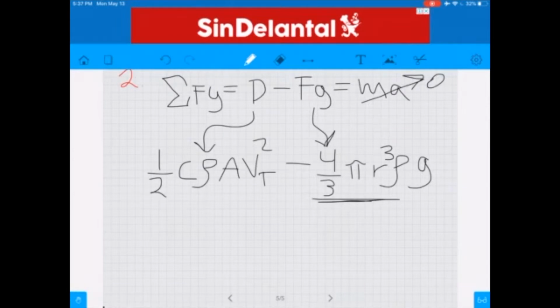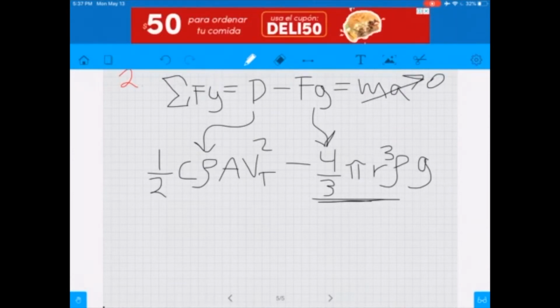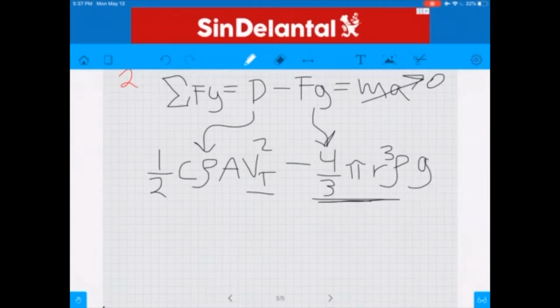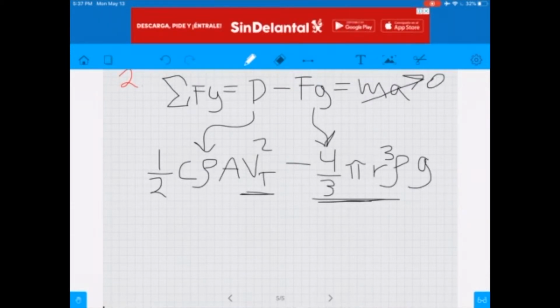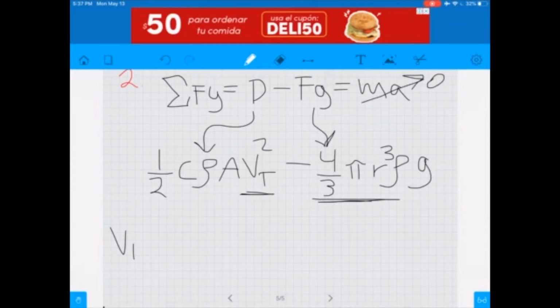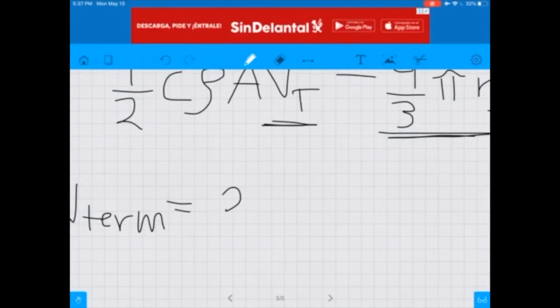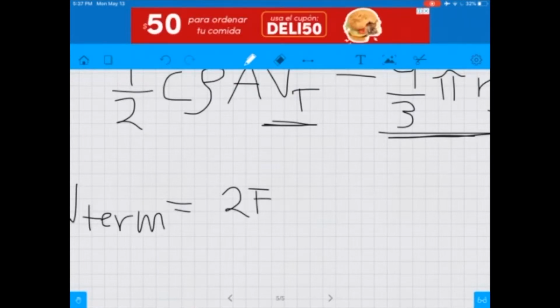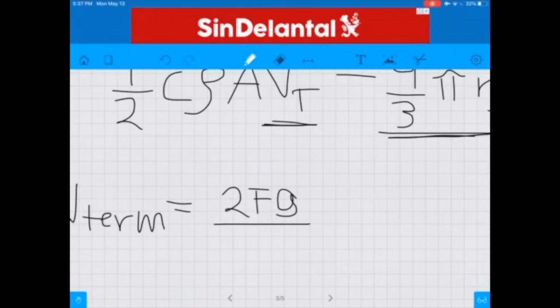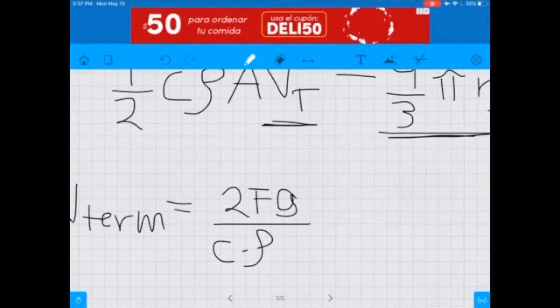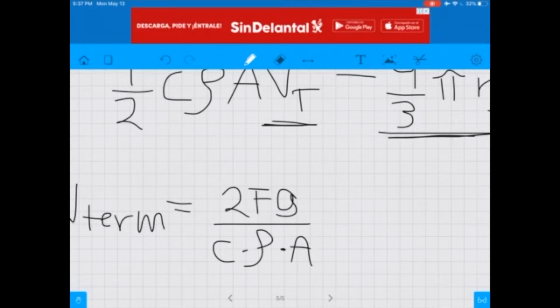So yeah, if we solve for our Vt, which is terminal velocity, we'll have that V terminal is equal to the square root of 2 times the force of gravity over c times density times cross-sectional area.